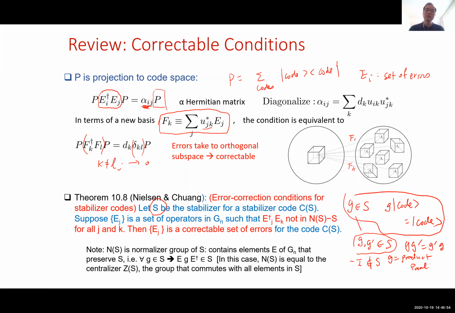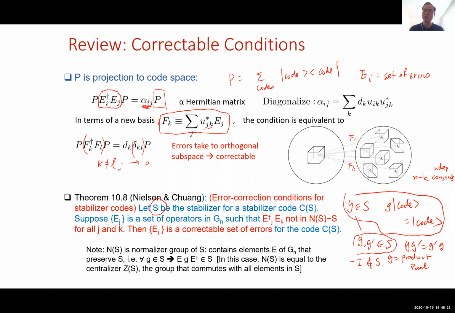Okay, so this defines the code because if you have n minus k independent constraints, given by the generators of the group, which are basically really the minimum set of elements that, when you multiply them in all possible ways, give rise to the whole group.